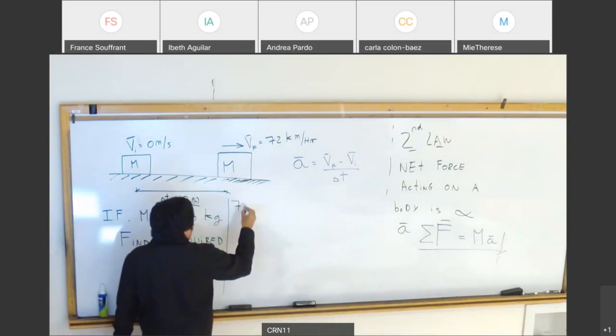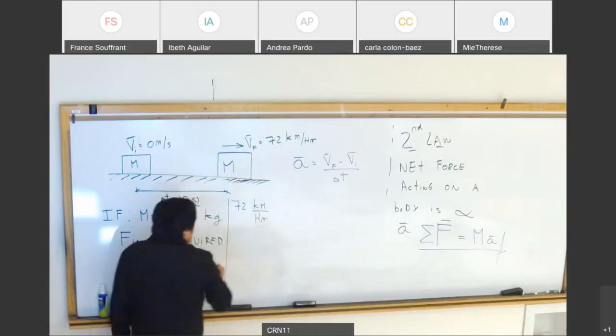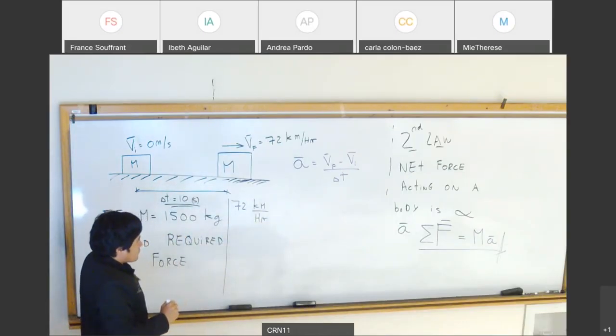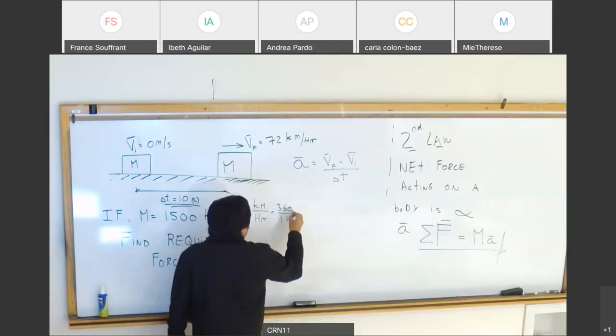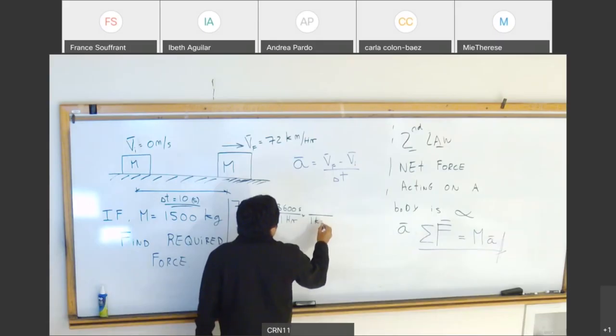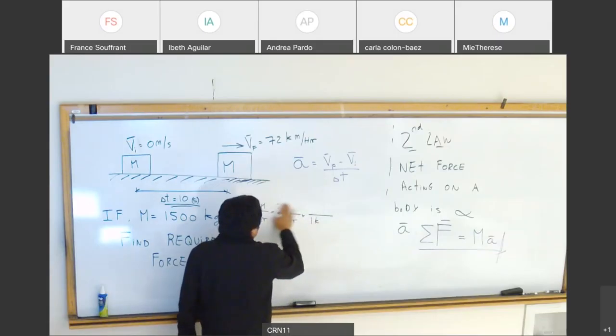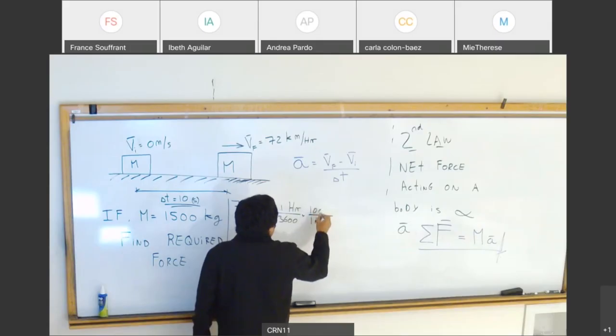So 72 kilometers per hour, to go into meters per second: 1 hour equals 3,600 seconds, and 1 kilometer is 1,000 meters.